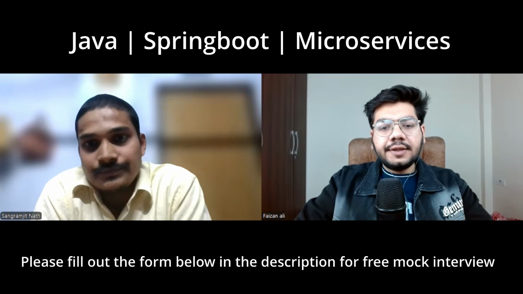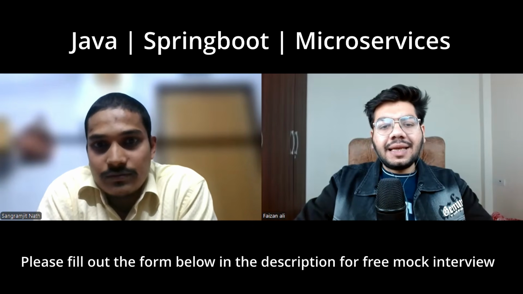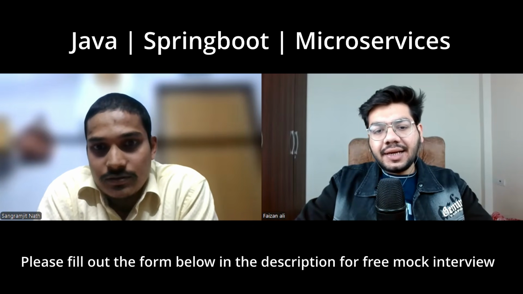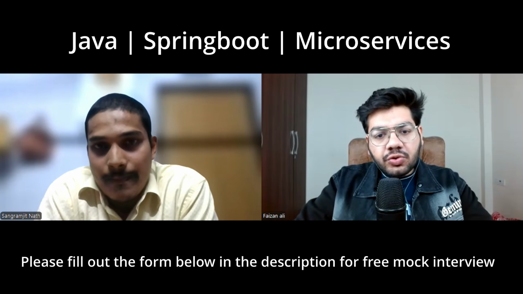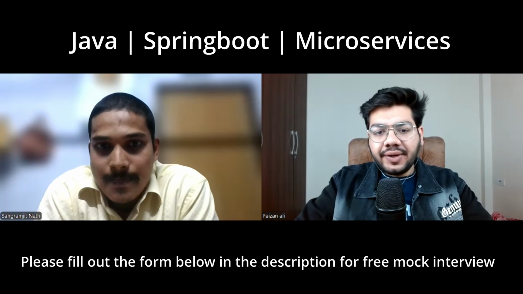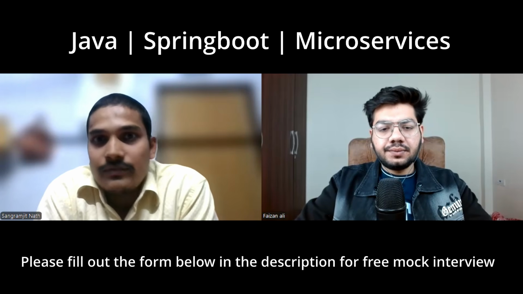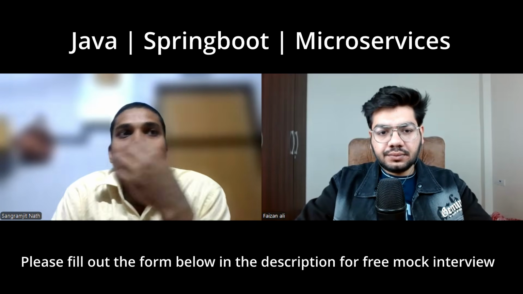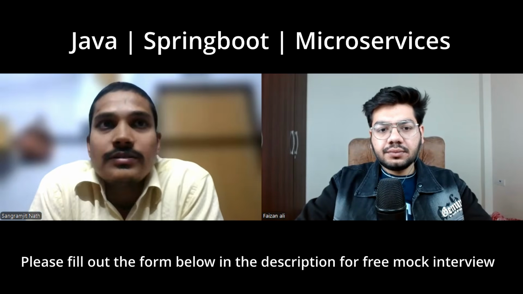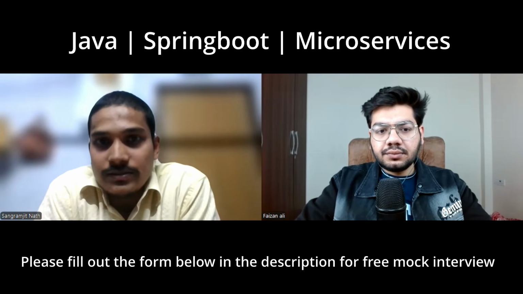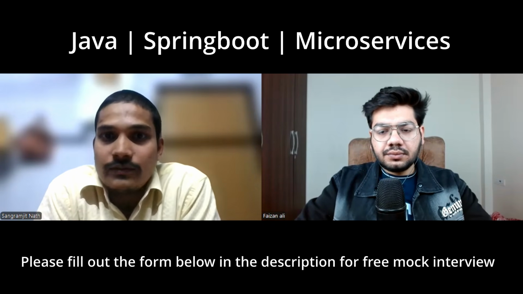Let's say your application crashes after adding a new dependency. How would you identify conflicting versions? After adding a dependency, if my service breaks, I will immediately deploy the older version.